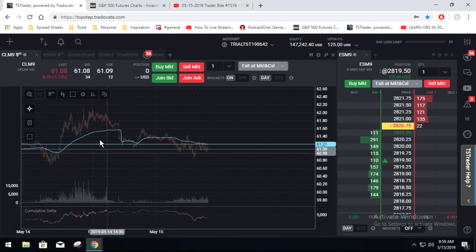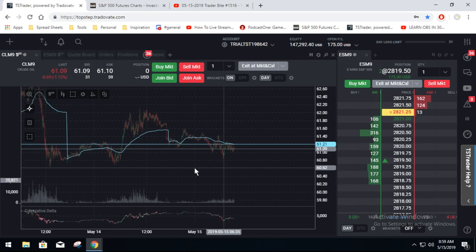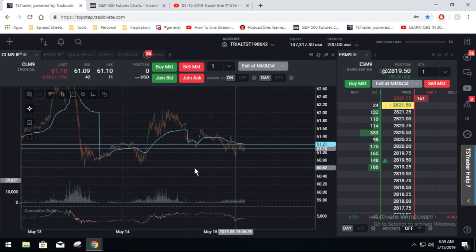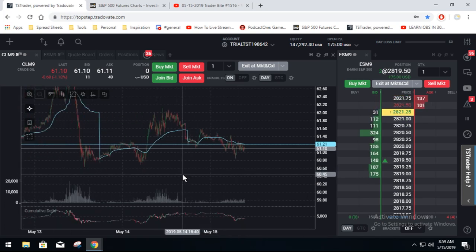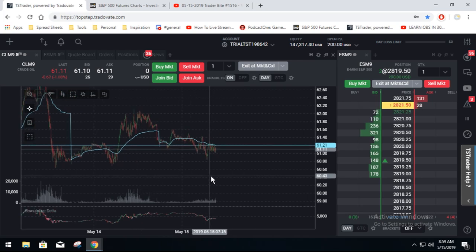Risk management: we maintain risk management, don't look to have more than 4 contracts run at any one point in time with risk to reward. We don't chase the market, we look for points to get in and get out.